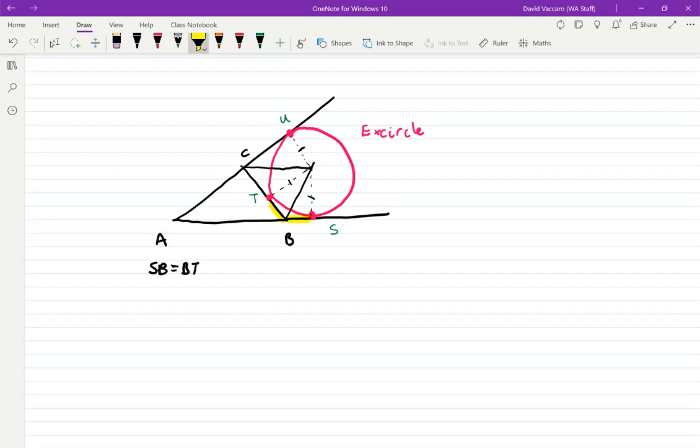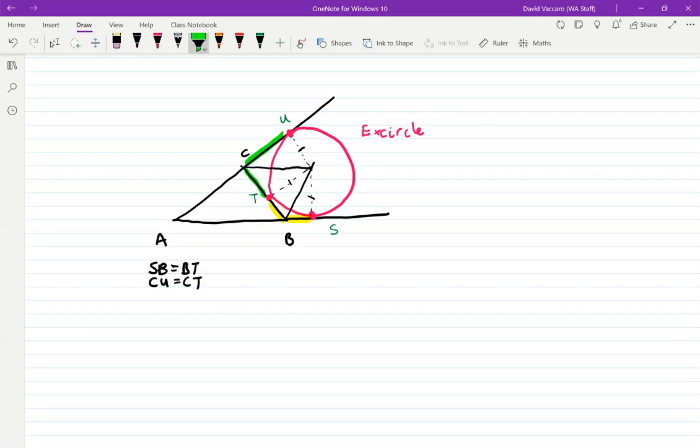And then I can also say that CT and CU are the same distance because they are tangents from the same point.